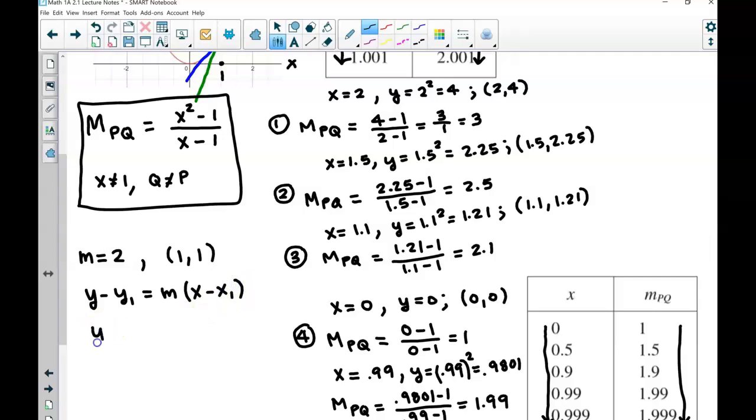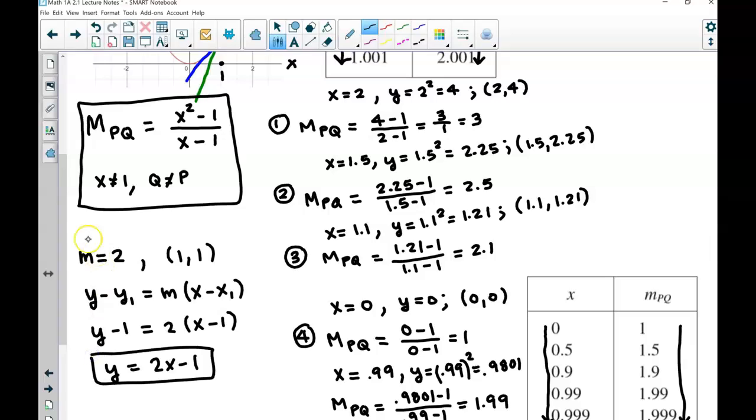So we'll have y minus 1 equal to 2 times x minus 1. And then solving for y would give us y is equal to 2x minus 1. And therefore, this is the equation of the tangent line through 1, 1.